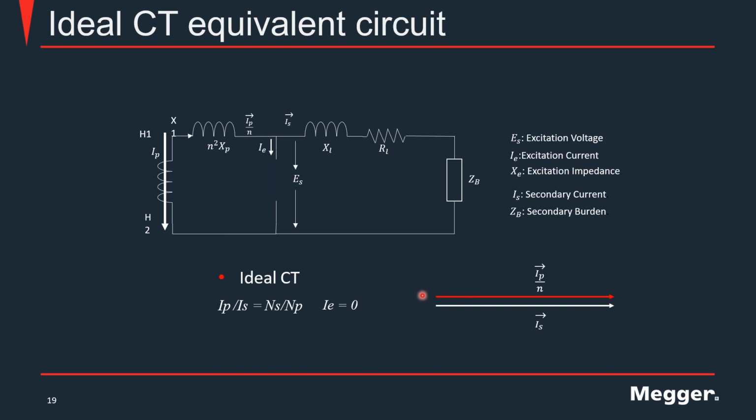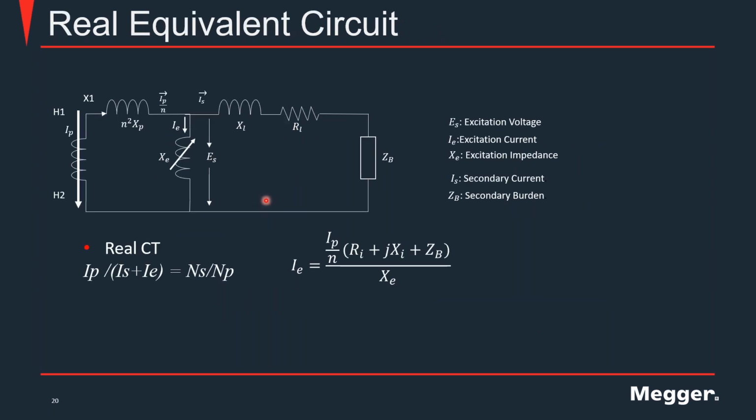That also means that the primary current divided by the number of turns equals the secondary current, and there is no phase deviation. Essentially, IP divided by N equals IS. There is no IE. In a real CT, you do have an excitation branch.